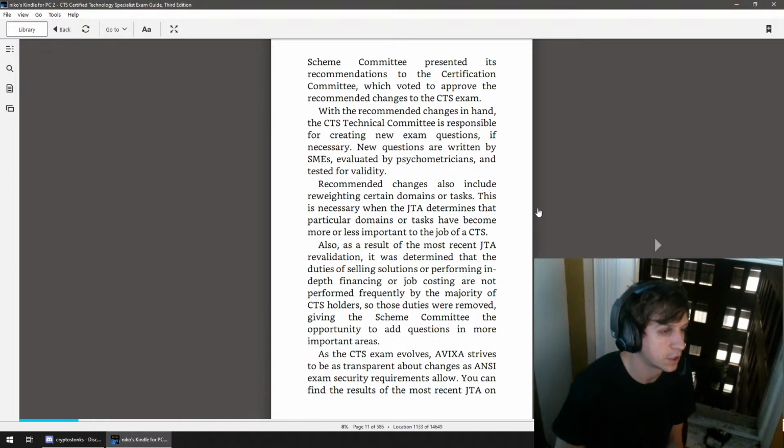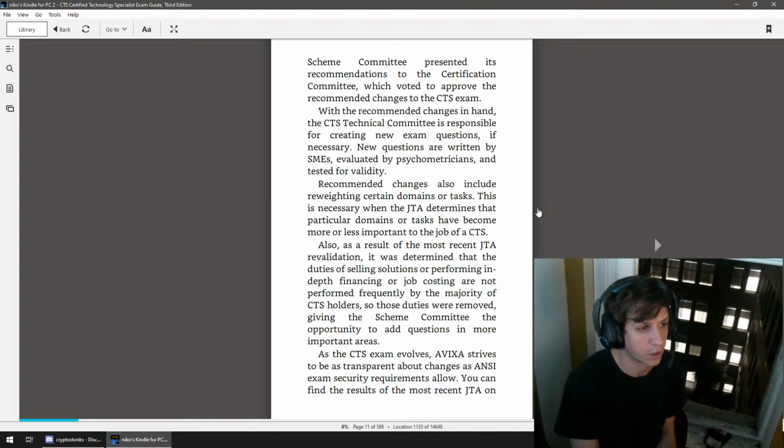This is necessary when the JTA determines that particular domains or tasks have become more or less important to the job of a CTS. Also, as a result of the most recent JTA revalidation, it was determined that the duties of selling solutions or performing in-depth financing or job costing are not performed frequently by the majority of CTS holders. So those duties were removed, giving the scheme committee the opportunity to add questions in more important areas.